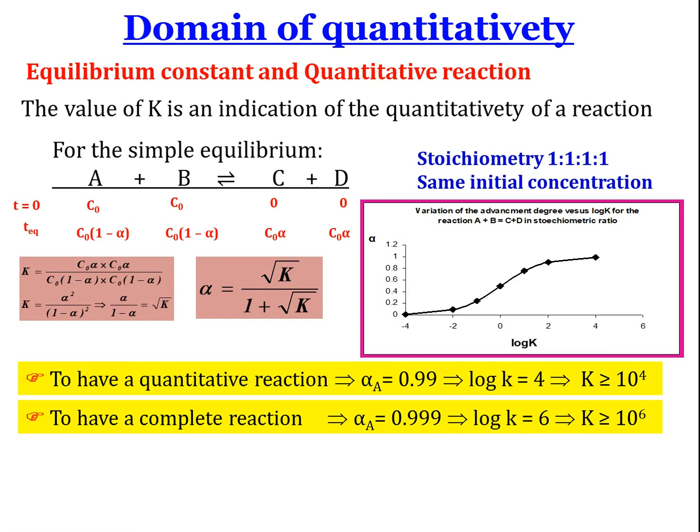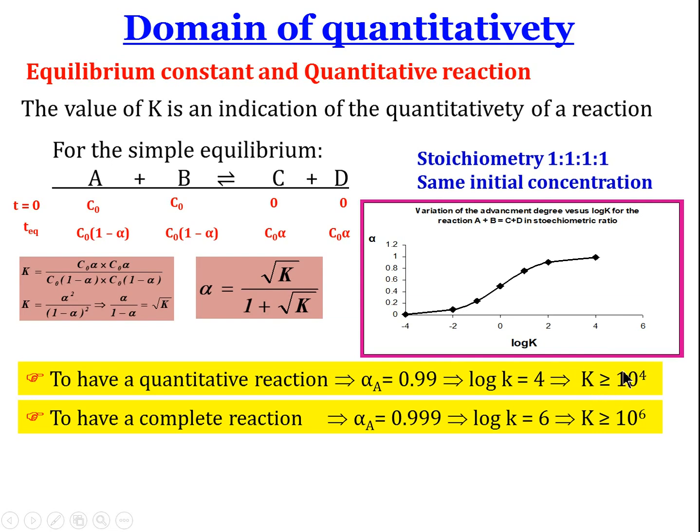So for a reaction of stoichiometry 1, 1, 1, 1, where the initial concentrations are equal, this reaction is quantitative if the value of K is greater than 10 to the power 4, and this reaction is complete if the value of K of this reaction is greater than 10 to the power 6. Consider K greater than 10 to the power 4.